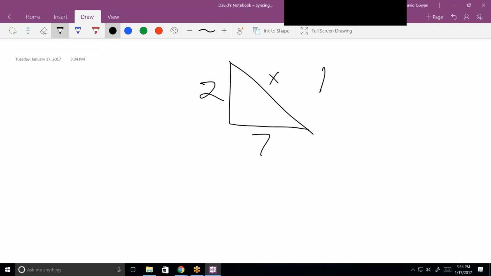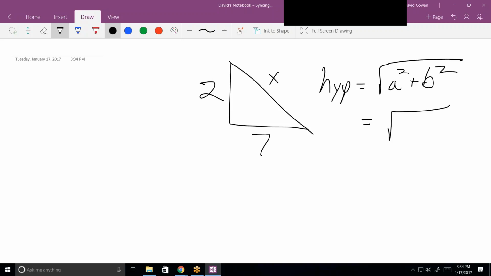The hypotenuse is always the square root of the sum of the squares of the sides. So in this case, that's the square root of 4 plus 49. So that's where you get the square root of 53. And that's what that is, square root of 53.